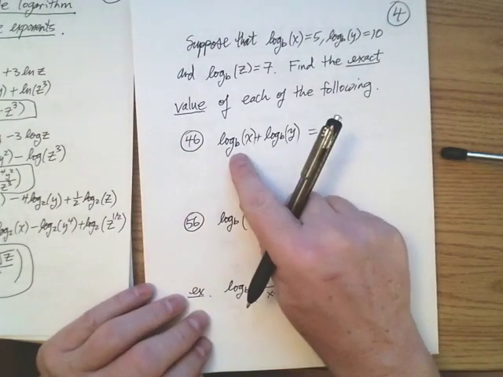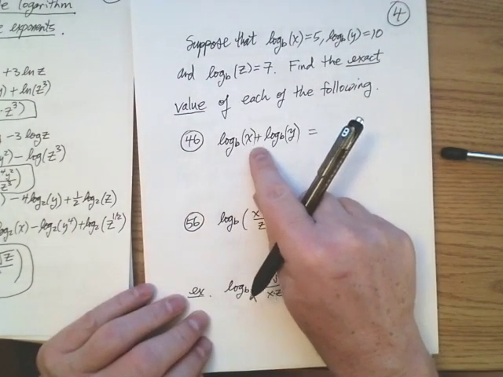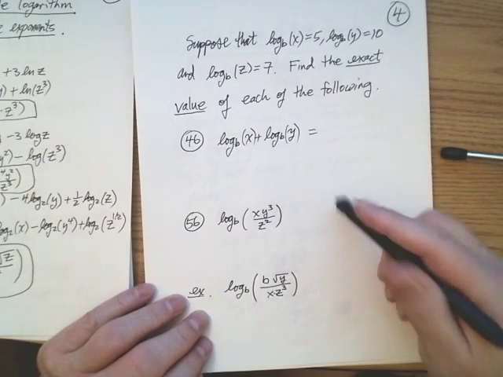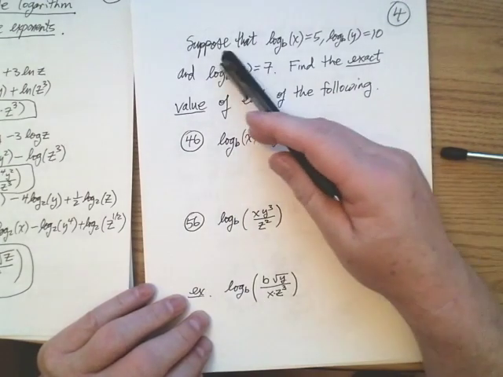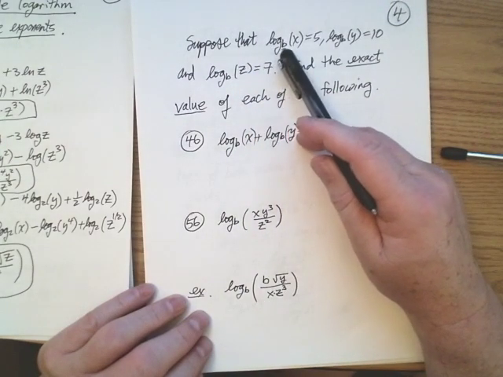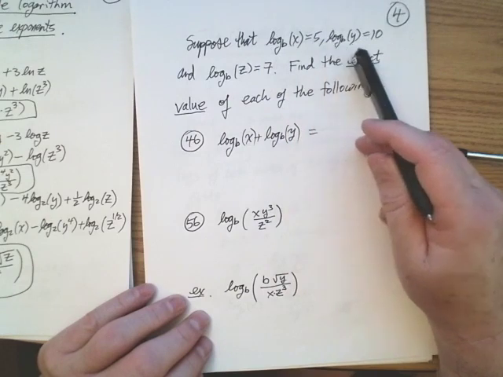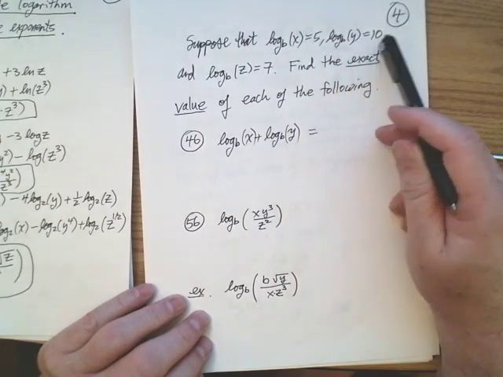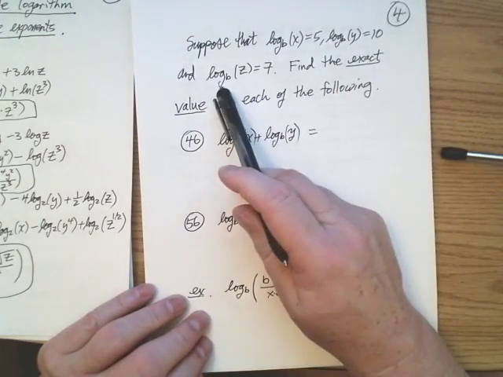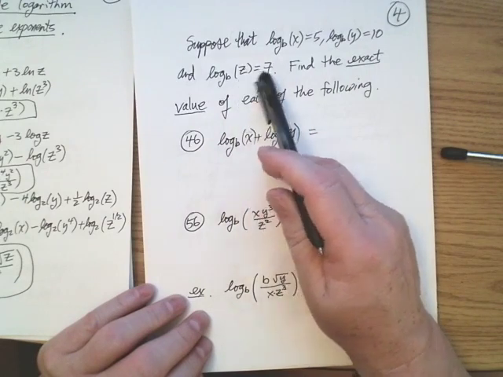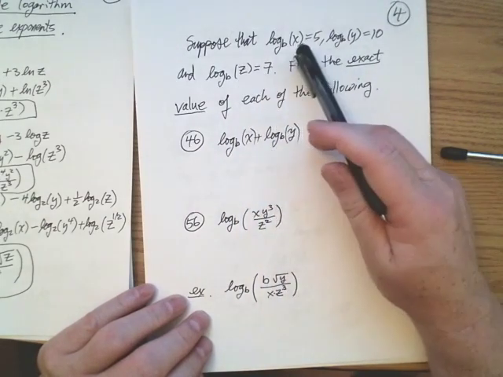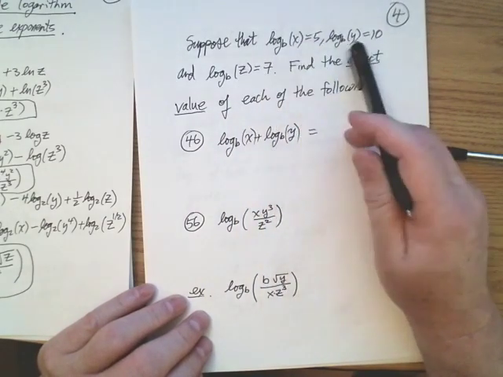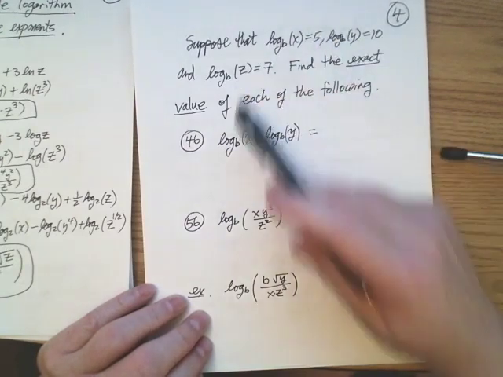Anyway, 46, logarithm base b of x plus logarithm base b of y. Well, how do I compute that? What you're given up here is the logarithm base b of x is 5, the logarithm base b of y is 10, and the logarithm base b of z is 7. We don't even know what b is. We don't know what x, y, or z are. All we know is these logarithms.